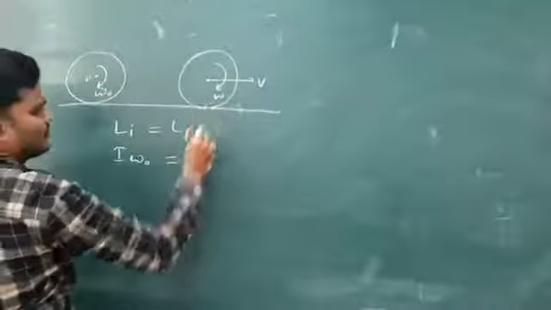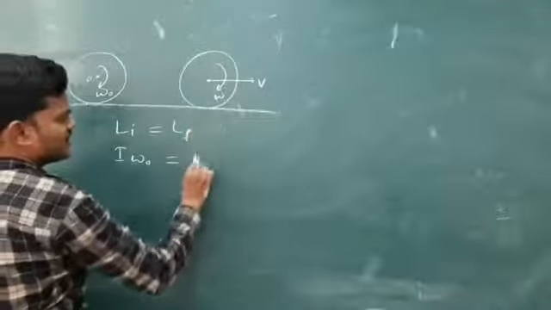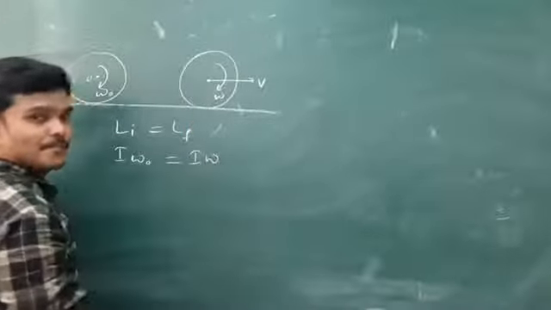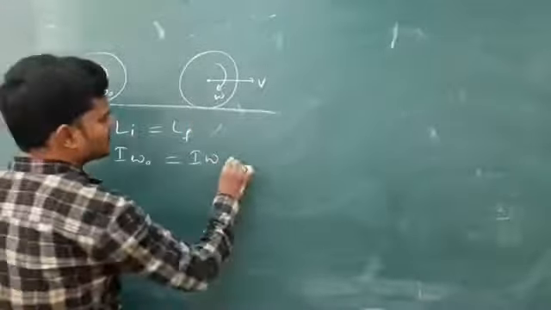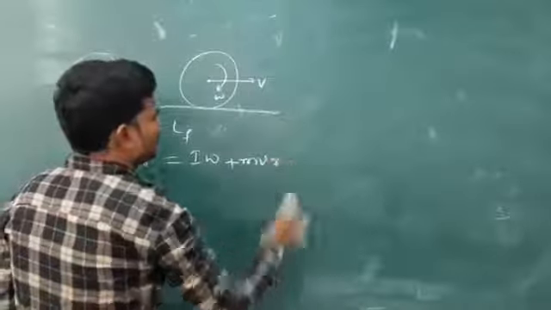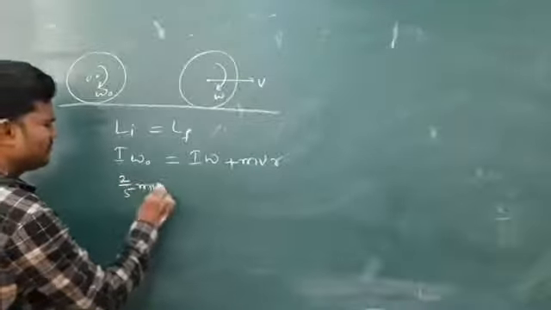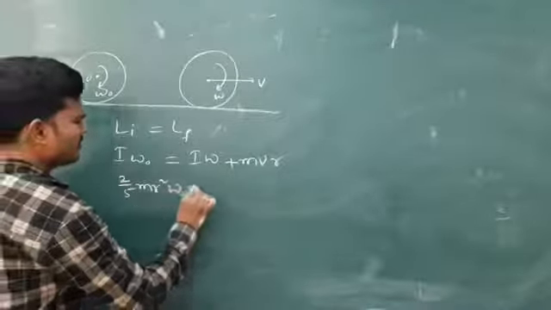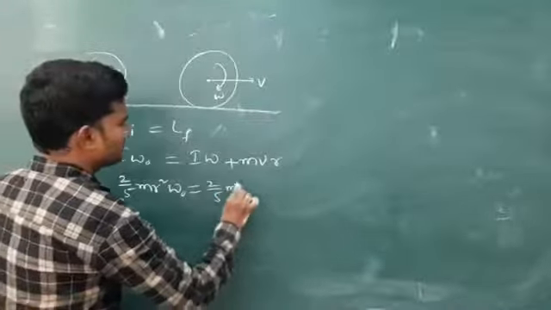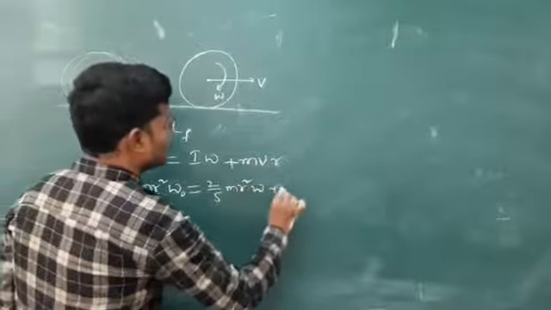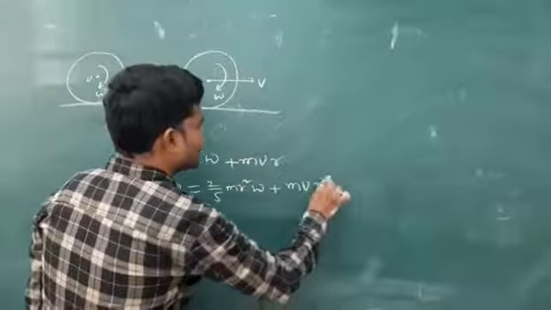Here this is due to rotational, it is I omega. Due to translational mvr, r is the radius. So this is 2 by 5 mr square omega naught, 2 by 5 mr square omega plus mvr.